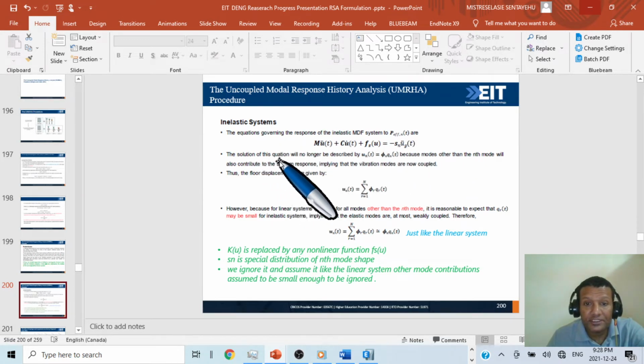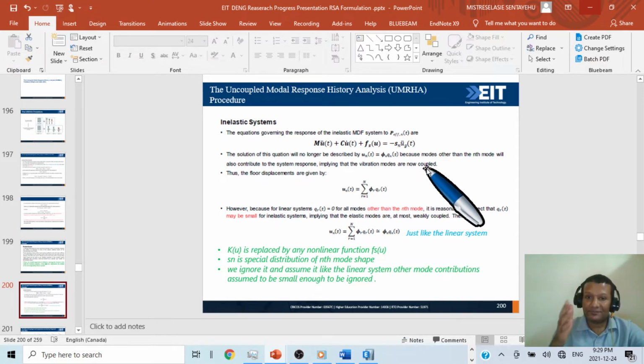The solution of this equation will no longer be described by un equal to phi n times qn, because modes other than the nth mode will also contribute to the system response.